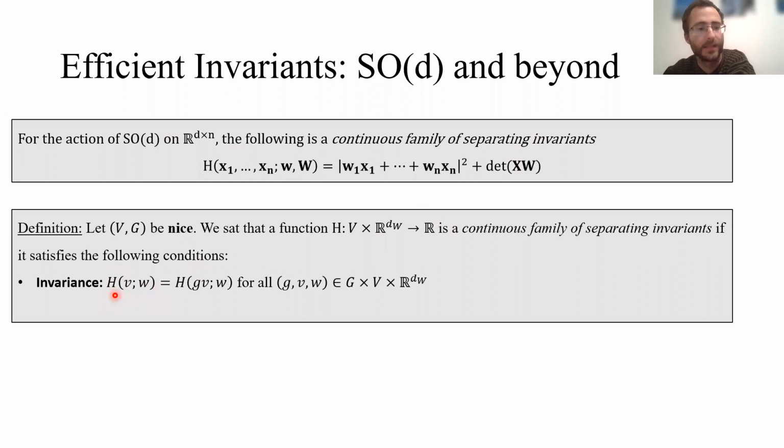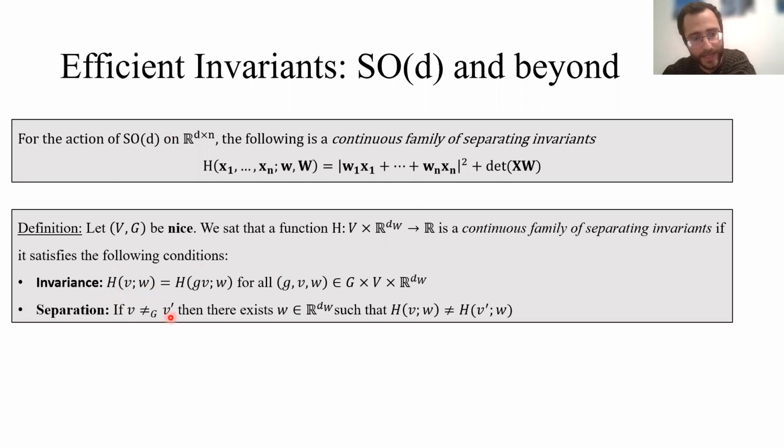And we have separation, which like before means that if you have two elements which are not related by group action, then you can find some parameter w for which you can separate. Again, if we compare this to our definition of separation before, this is just like saying, instead of having a finite number of separators, we have a continuous number, and the rest is in a way the same.